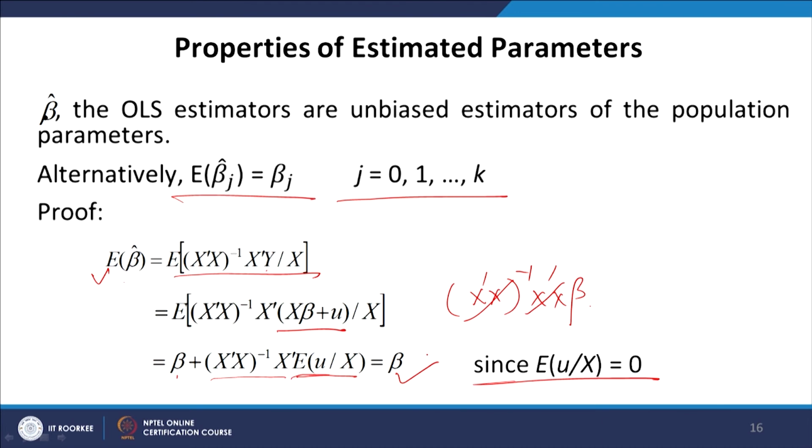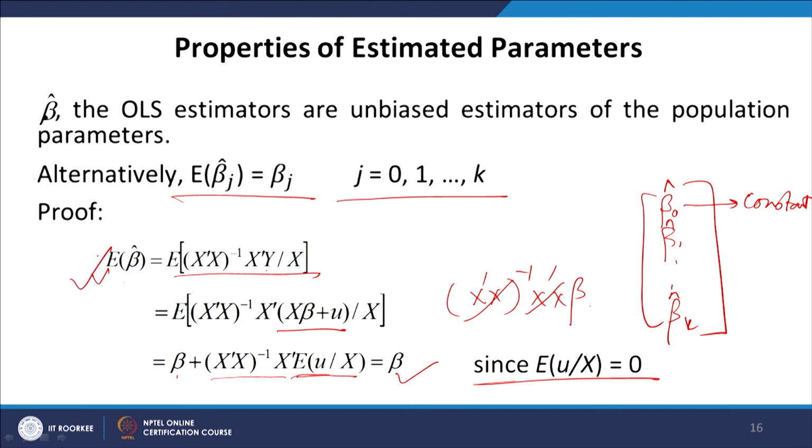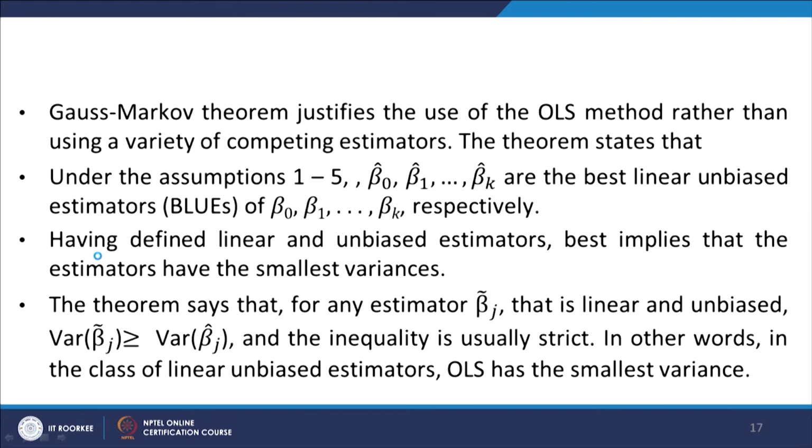And now, since beta is a vector consisting of all the terms like beta naught hat, beta 1 hat and so on, where beta naught hat is the constant term, we do not need any separate proof for individual beta parameters. This itself implies that all the estimated parameters are unbiased.